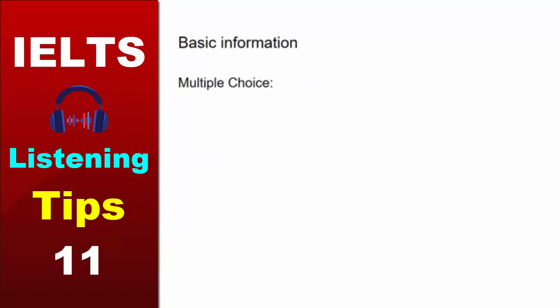Now some more basic information about this question type. The format can be a question itself. They might ask you, what did the speaker say about this? And then you'll have 3 choices after that.